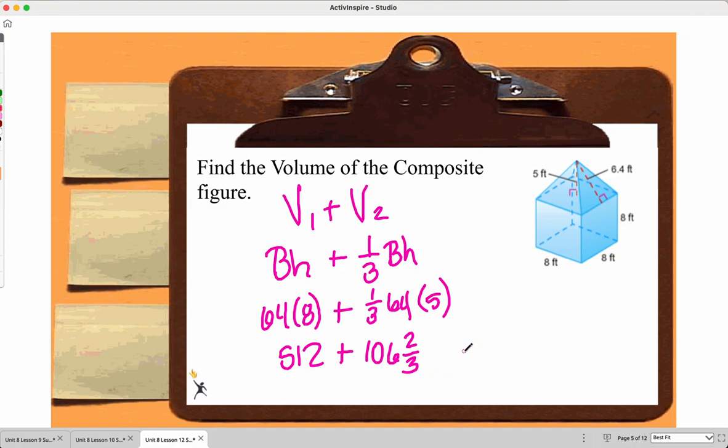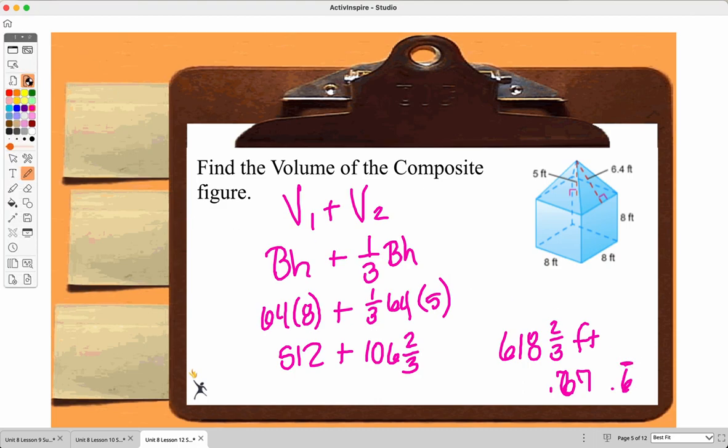So together, I get 618 2/3 feet cubed. Now, of course, you can make this a decimal of 0.67 or 0.7, depending on how the directions are written. Either one would be considered correct. Or you could even have it as 0.6 repeating.